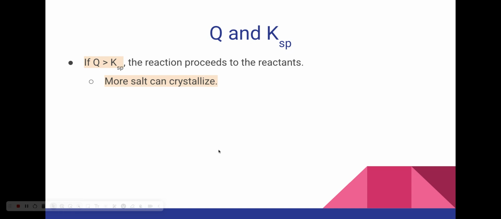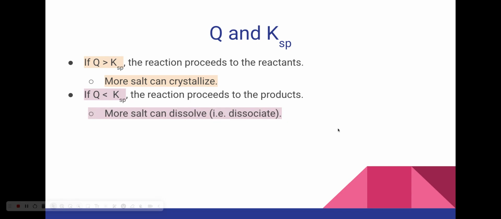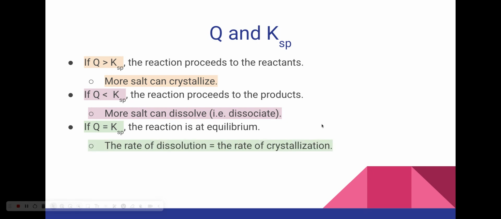The way that we would say this, though, in terms of these insoluble ionic compounds or salts, is that if Q is greater than KSP, then salt is going to precipitate. If Q is less than KSP, the reaction is going to proceed to the products, which for a KSP would be more salt can dissolve or dissociate. And if Q is equal to KSP, the reaction is at equilibrium, which means the rate of dissolution is equal to the rate of crystallization.